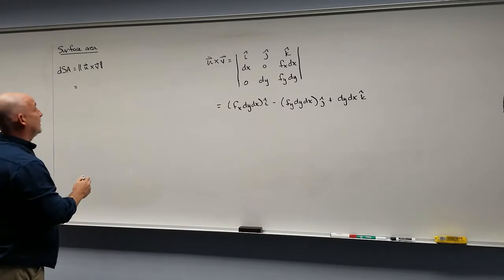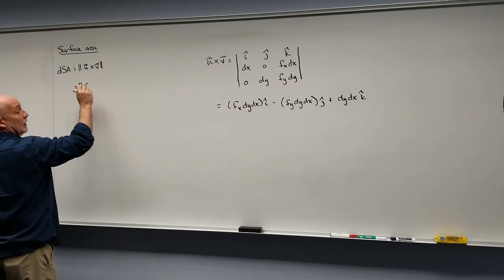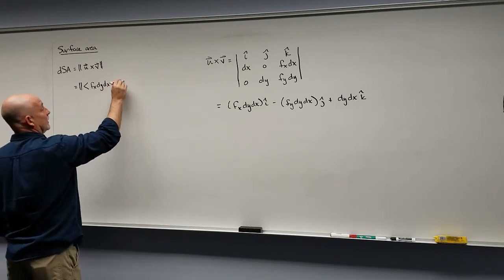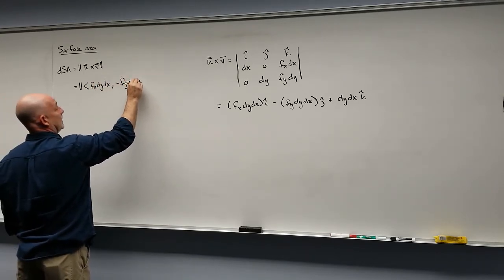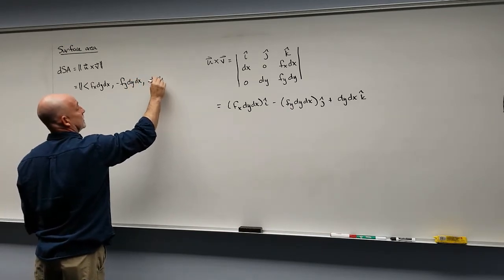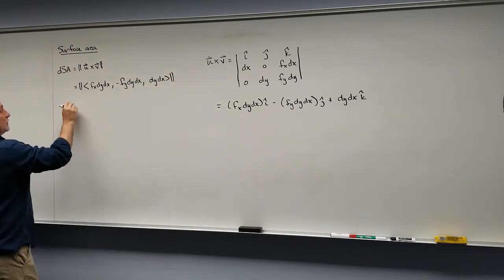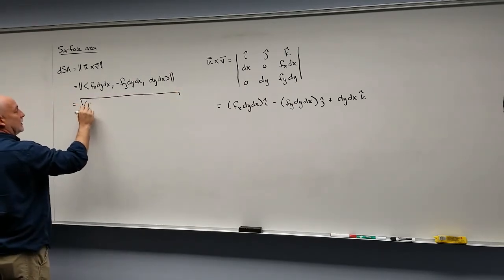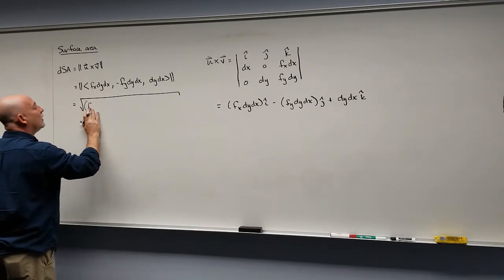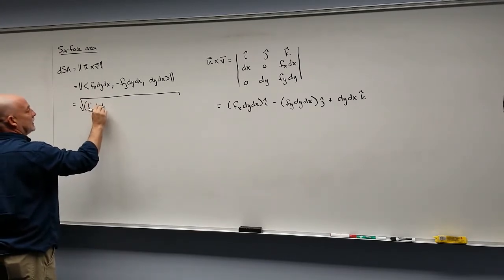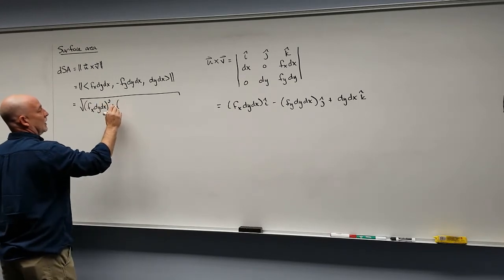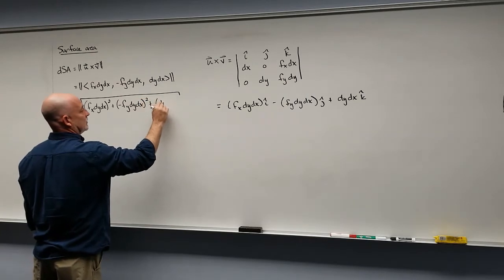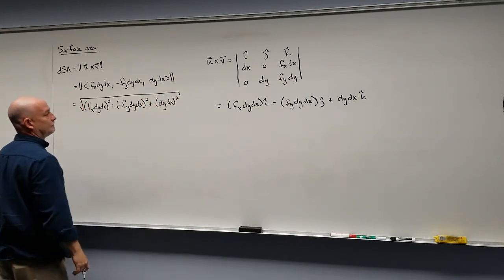So what do we need to do now? We need to do the magnitude of negative f sub x dy dx, negative f sub y dy dx, and just dy dx. Of course, that's going to be the square root of each one of those squared.